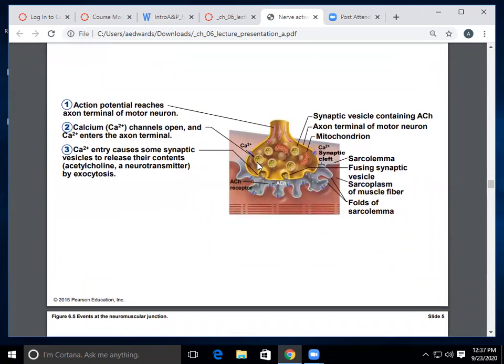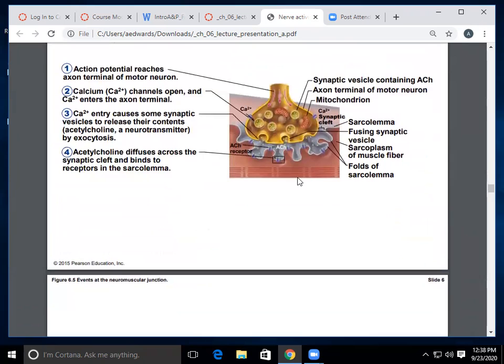That calcium ion entry is going to lead to these synaptic vesicles here releasing their neurotransmitter, acetylcholine, into the synaptic cleft, that space, via exocytosis. Remember that? Exo, out of the cell. Then acetylcholine is going to diffuse across the synaptic cleft and bind to these receptors on the sarcolemma, muscle cell membrane.